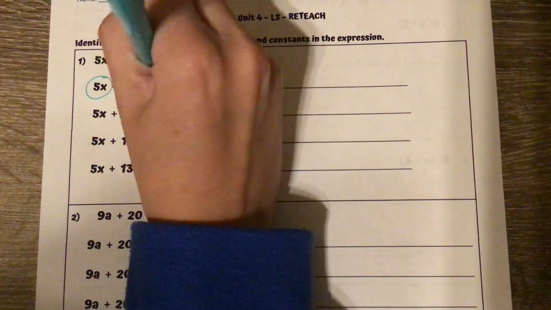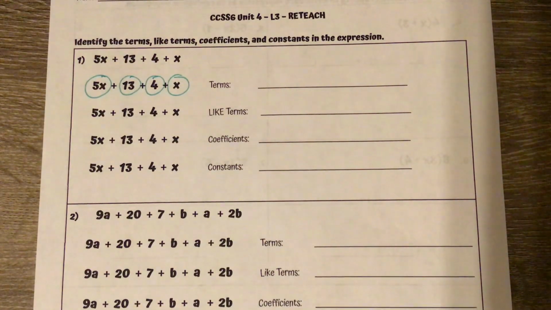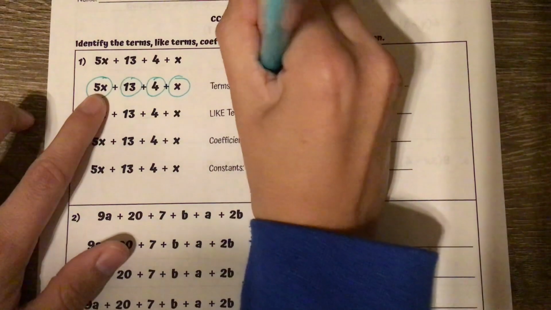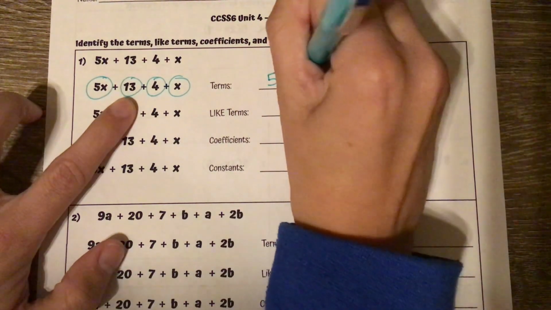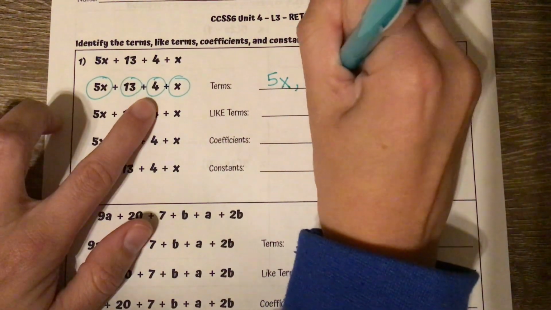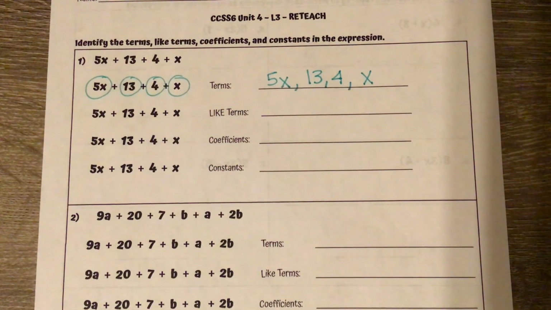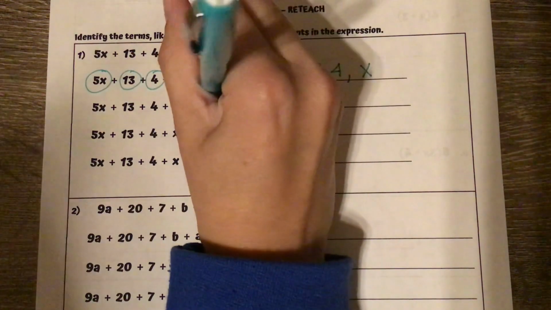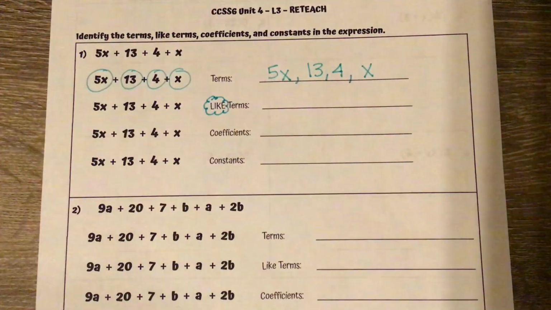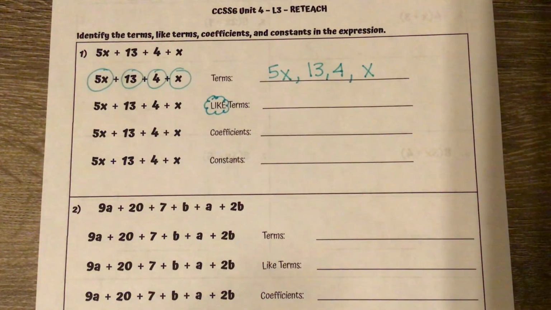So our terms are just everything split by the plus or minus sign. So we have 5x, we have 13, we have 4, we have x. Our like terms, most specifically, are the ones that have the same variable.